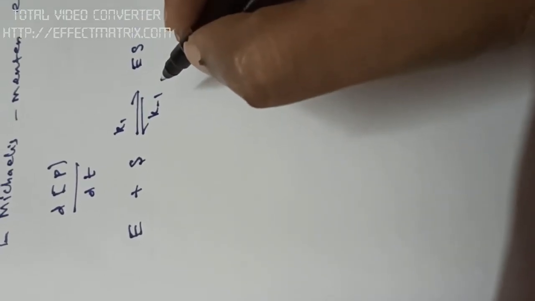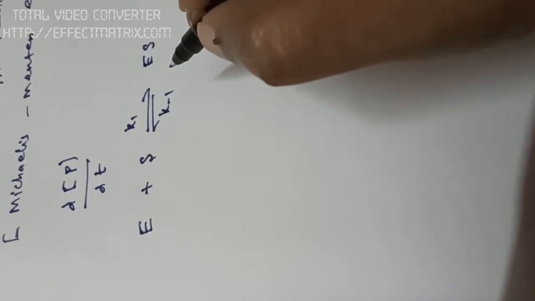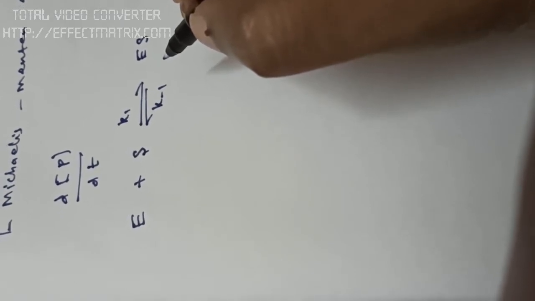K1 is denoted as the formation rate constant, K minus 1 is denoted as the deformation rate constant. If the reaction gives the reactant back, it is called a reversible reaction. This reaction takes about 10 to the power minus 6 seconds for completion, so it is called a fast reaction.